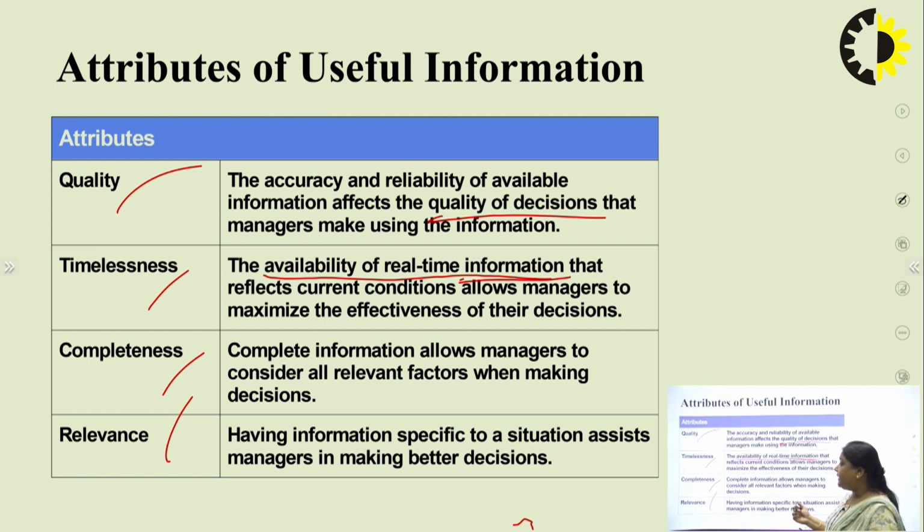The third one is completeness. Complete information allows managers to consider all relevant factors when making decisions. So, if the information is not complete, then it affects the decisions.